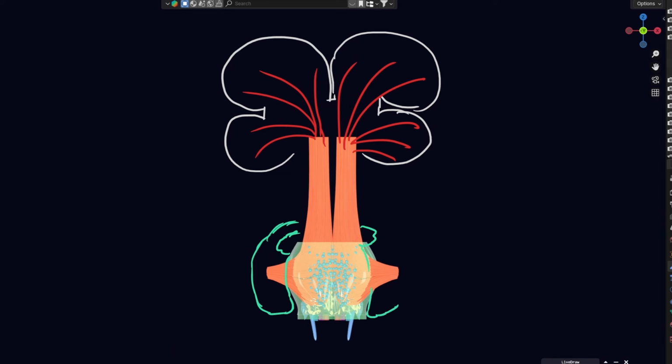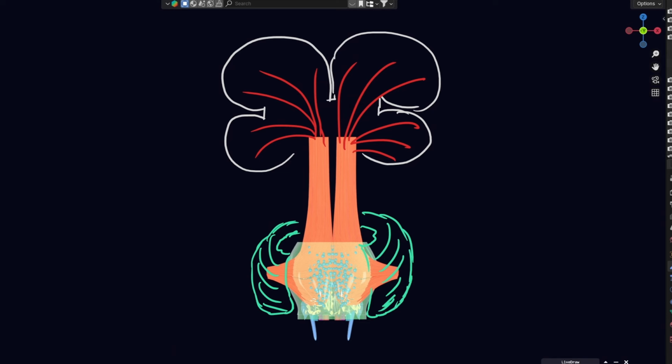So these fibers will synapse here, and the second order neurons arise from the Pontine nuclei. Their cell bodies and dendrites are in the Pontine nuclei, and their fibers go laterally as well as dorsally to ultimately reach the cerebellum.